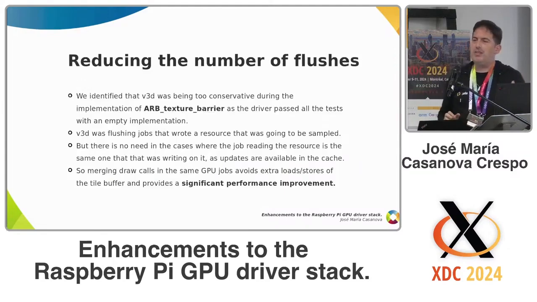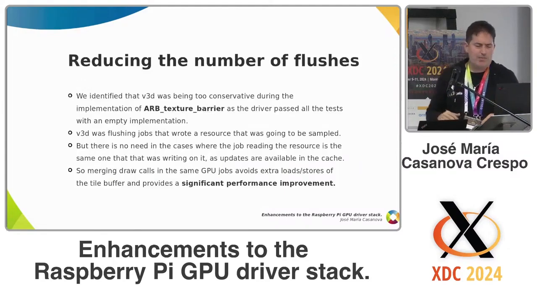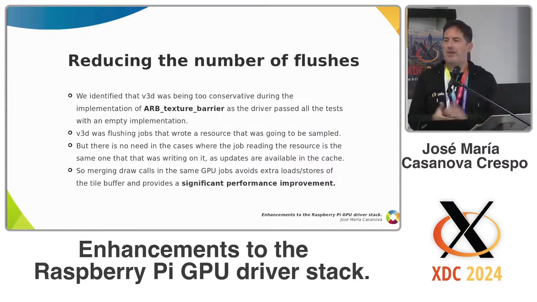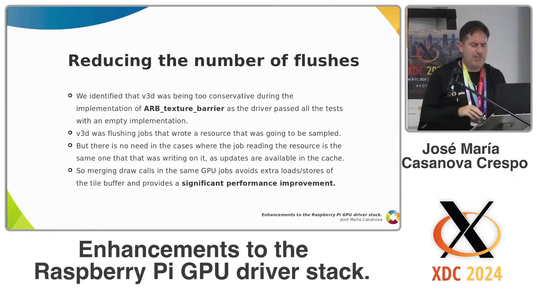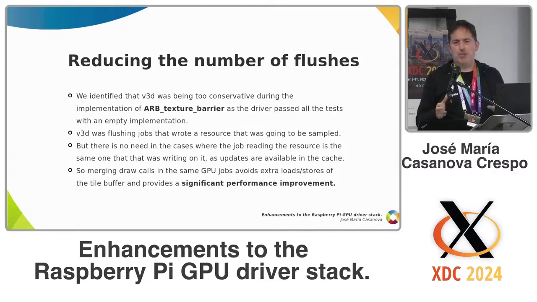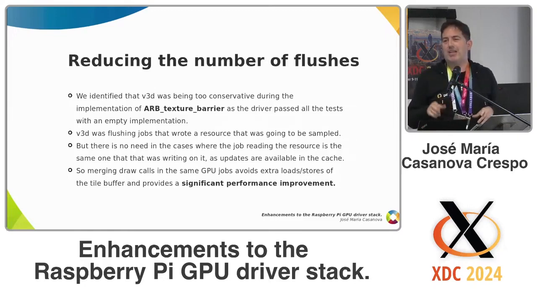I was pointing to a patch from when we were implementing the texture barrier extension for OpenGL, which at the end is usually implemented by just flushing the jobs the driver has already been working on. We identified during this implementation that our driver was passing all the tests without doing anything. That didn't make much sense, because probably we were doing more synchronization than was really needed.